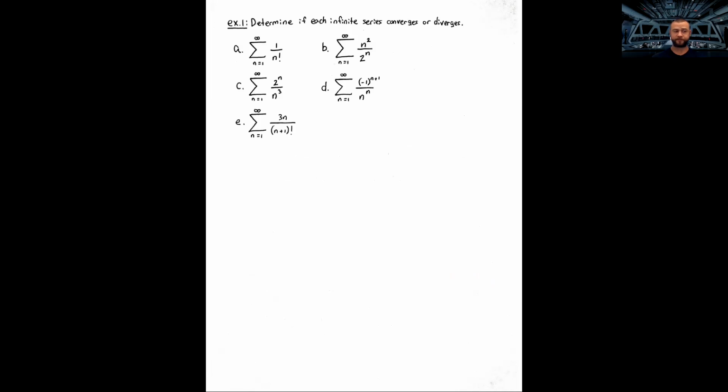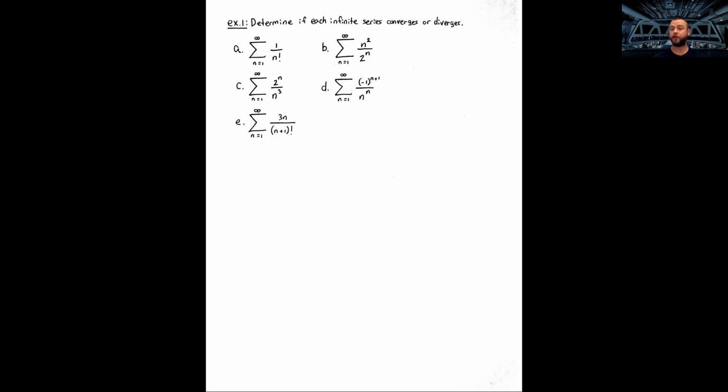or diverges. Now, just to tie in the ratio and root test, they actually tell us more than basic convergence. If the limit L is greater than or equal to 0 but less than 1, then the ratio and root test actually tell us that our infinite series is absolutely convergent. How does that relate to regular convergence?